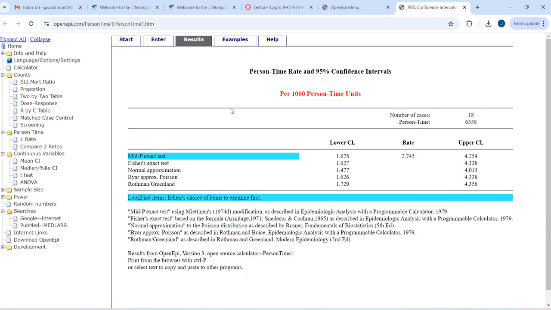Now you could do the math, but here it is, a rate of 2.7, and we can see the lower and upper 95% confidence interval. So I would report that the rate of, I'll say injury in this case, was 2.7 per 1,000 athletic exposures, with a 95% confidence interval of 1.7 to 4.3. I was rounding those two up there.